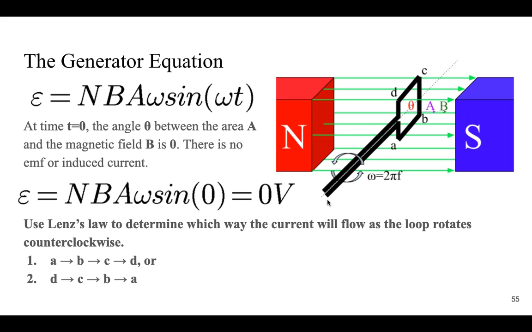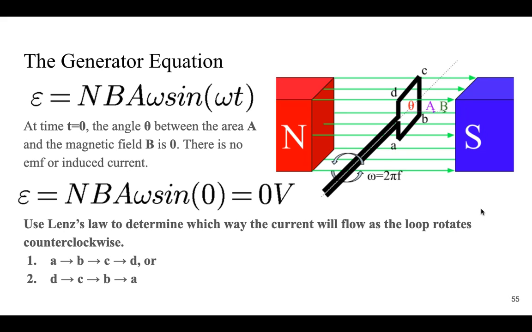Is the current going to flow from here along this bottom one and then go A to B to C to D and then back out through the top one? Or will the opposite happen? Will it come in through the top one, go D to C to B to A, and up to this one? So look at that, think of what's going on, and in 3, 2, 1, I'm going to give you the answer.